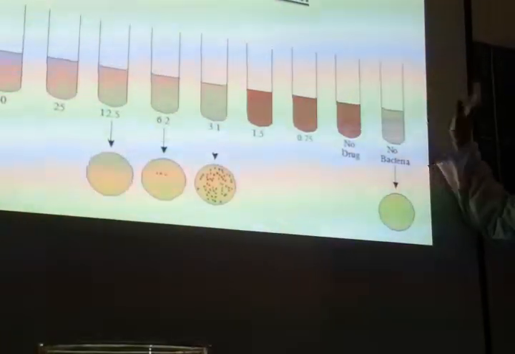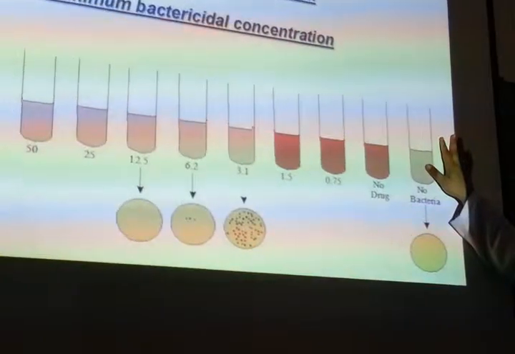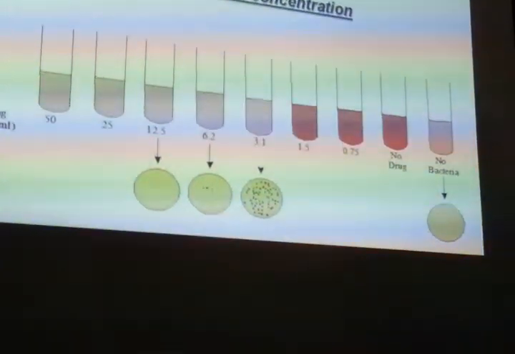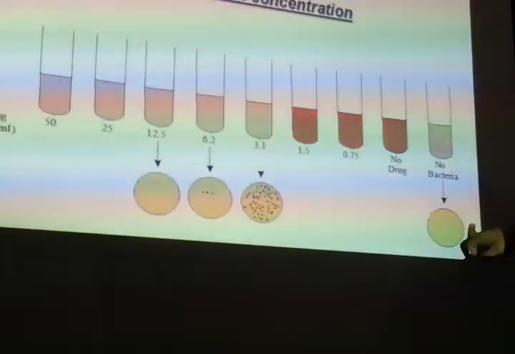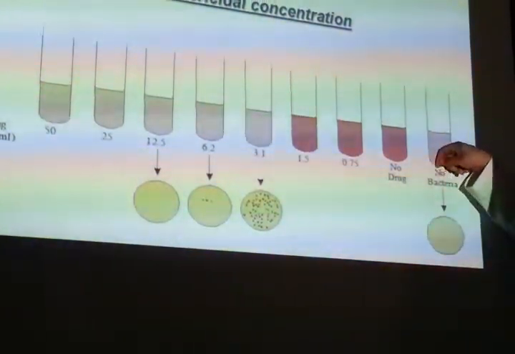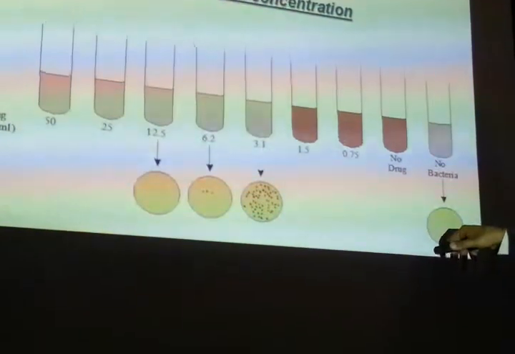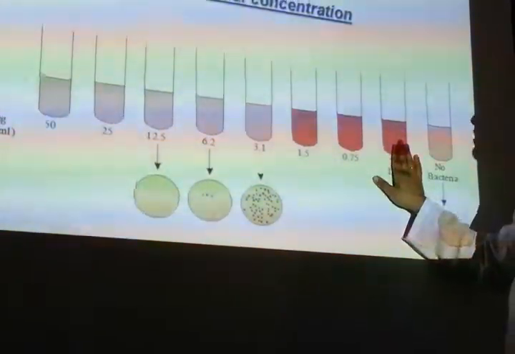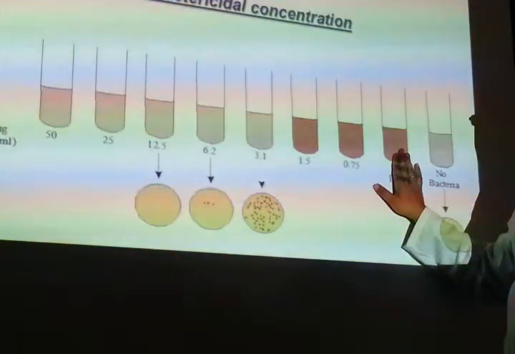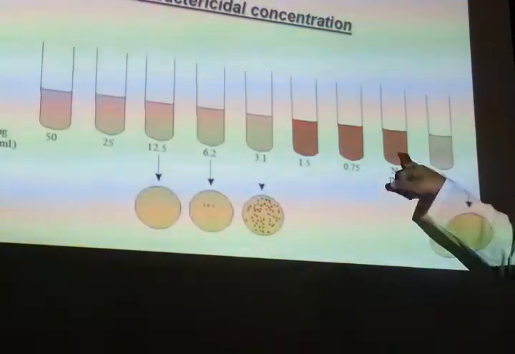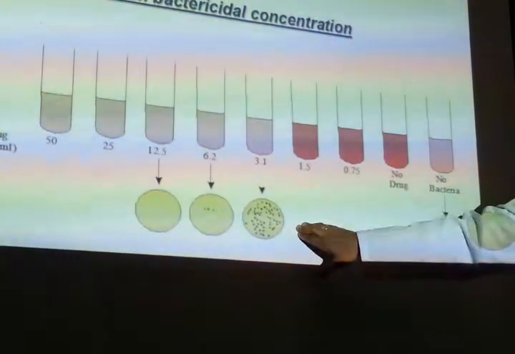Why do we do this? So, we have one tube with no bacteria. You did culture, when I showed you, take out the swab and do streaking, you will have bacteria growing here. If there is no bacteria here and I take a loop and put it on the plate, will bacteria grow here? No. Now here, there is no medication, no antibiotic. Bacteria is growing here. I take it out, bacteria will grow.